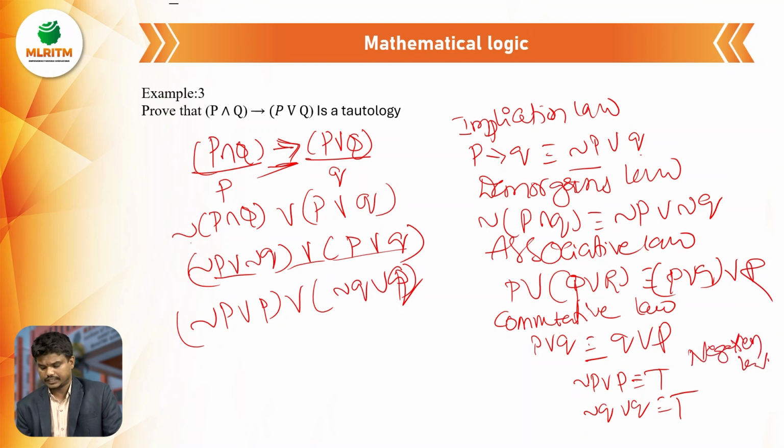What is the negation law? ¬P ∨ P is equivalent to true, ¬Q ∨ Q is equivalent to true. So true or true is equivalent to true. So the given logical equation is proved as a tautology.